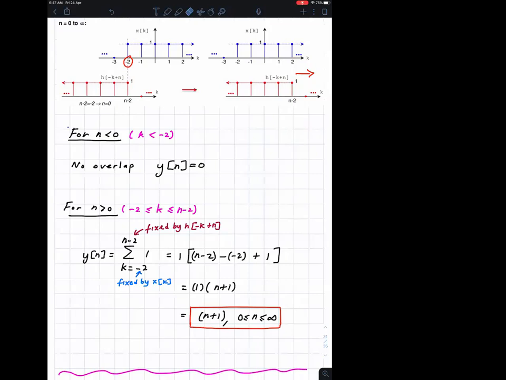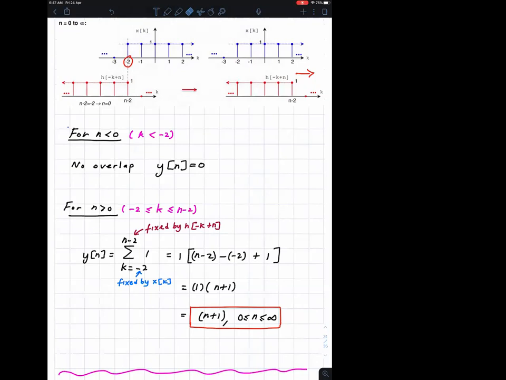And the lower limit is controlled by this, because below this it's 0 signal, and above n minus 2 this is 0 signal. So n minus 2 is a limit on one side, minus 2 is a limit on the other side. That's what decides the upper limit and lower limit.